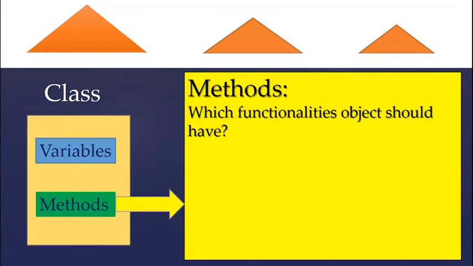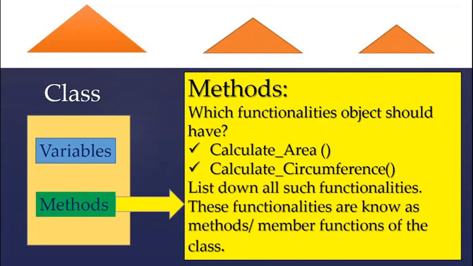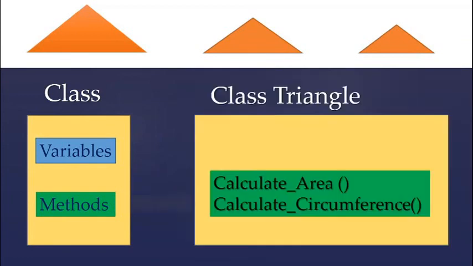For example, these three objects should have the calculate area and calculate circumference functionalities. In general, we have to list down all such functionalities, and these functionalities are known as the members or the methods of the class. So finally, the class triangle has calculate area and calculate circumference as the methods.